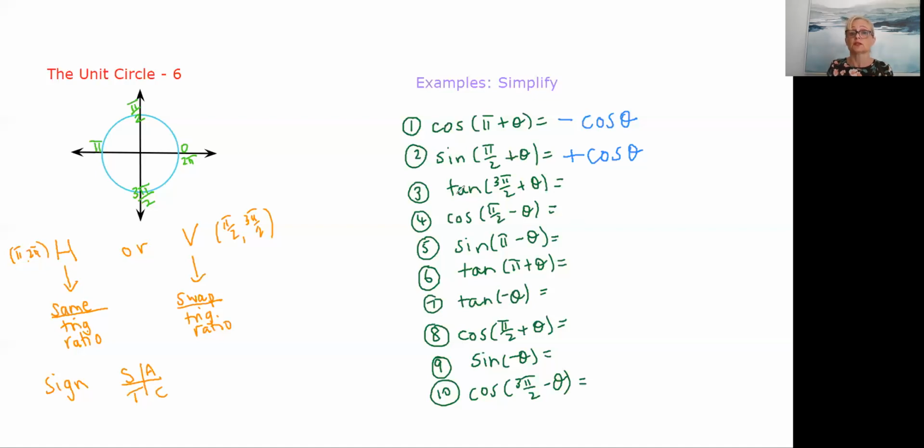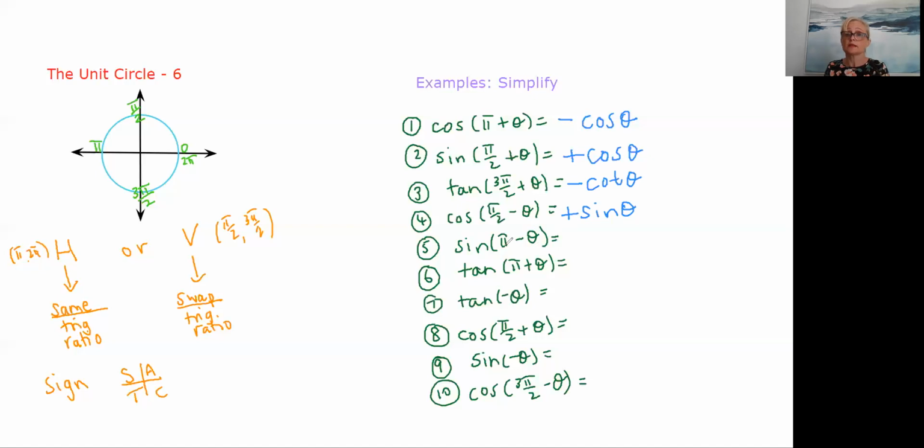Vertical, so tan is going to go to cot. Which quadrant are we in? We're in this quadrant here, tan is negative there. Cos of pi on 2 minus theta, horizontal or vertical? The vertical reference, so this will become sine of theta. Cos in your 1st quadrant is positive.